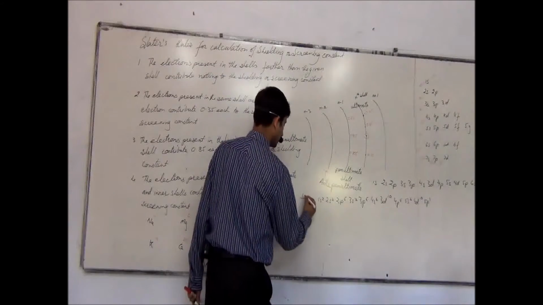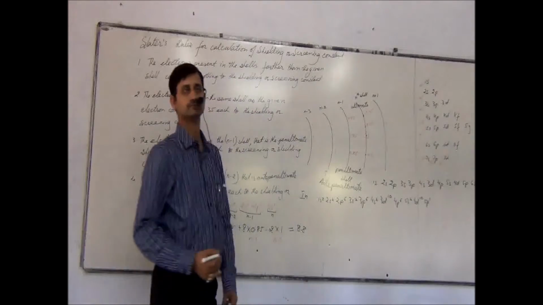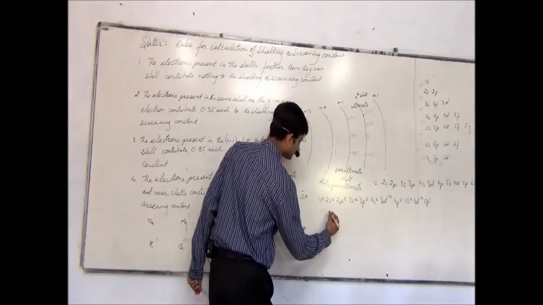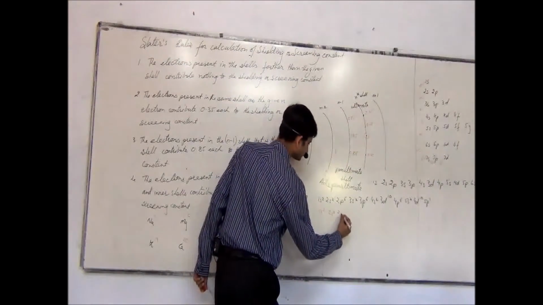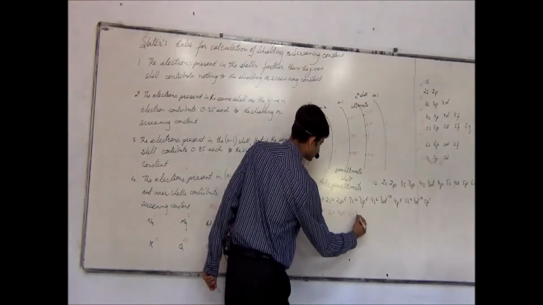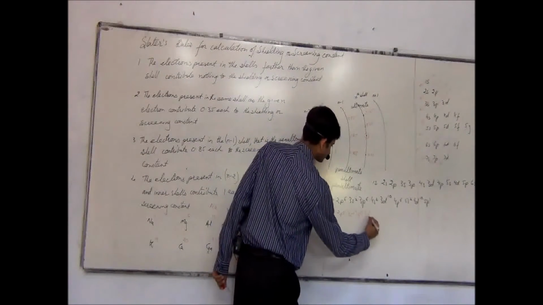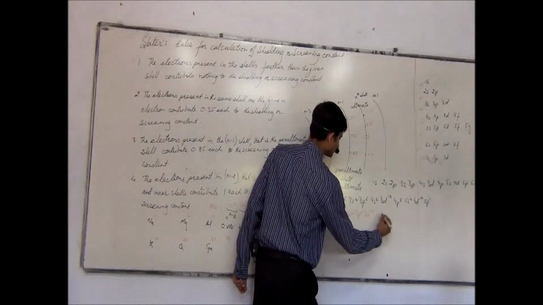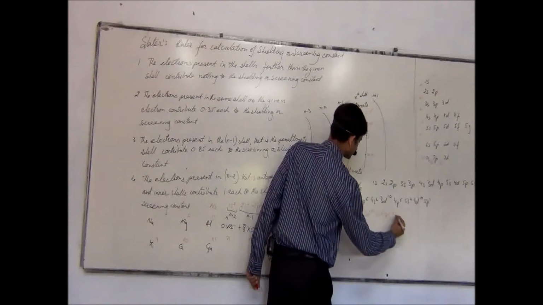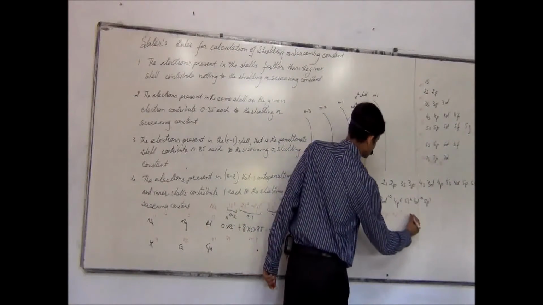Let us write the configuration of indium. This is the configuration of indium. It will turn out to be 1s2, 2s2 2p6, 3s2 3p6 3d10, 4s2 4p6 4d10, 5s2 5p1.